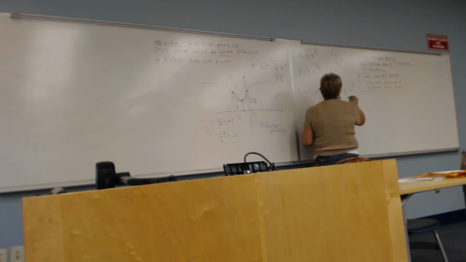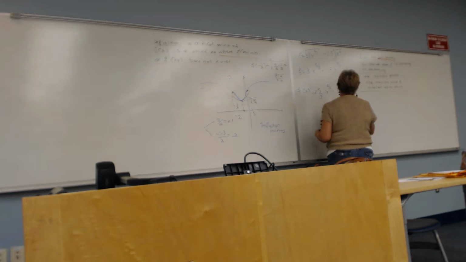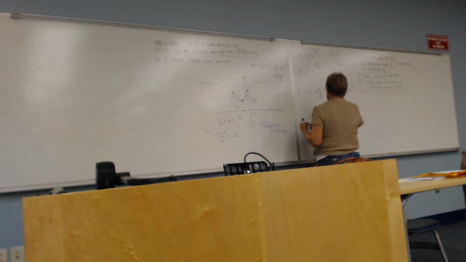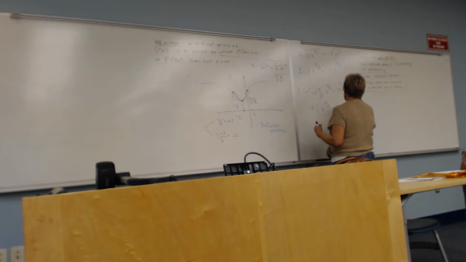So let's simplify the whole thing. We have 5 here, we simplify 15, and we have 10. So we can factorize a 5. And then we have x to the 2/3 minus 2 times x to the negative 1/3.